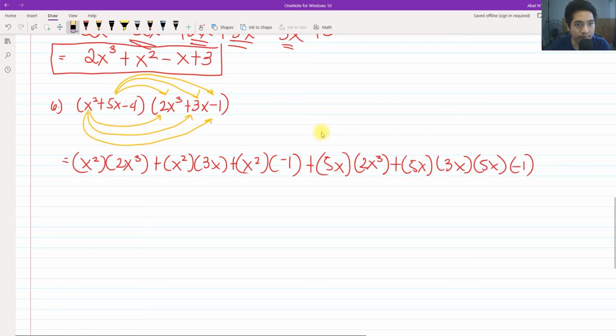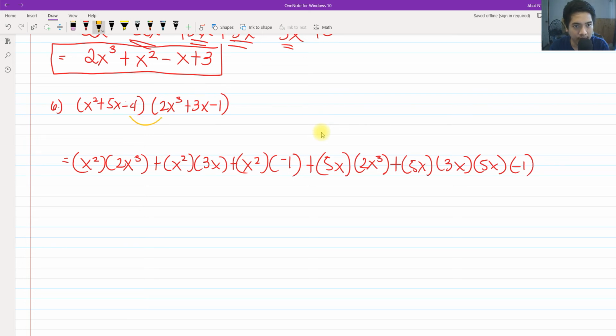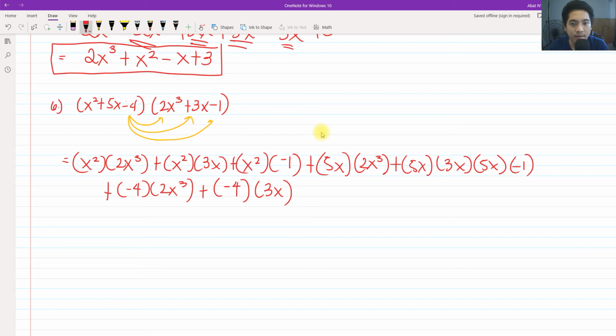And then finally, the negative 4. So we have negative 4 here and here and here. So we have plus negative 4 times 2x cubed plus negative 4 times 3x plus negative 4 times negative 1. Simplify.